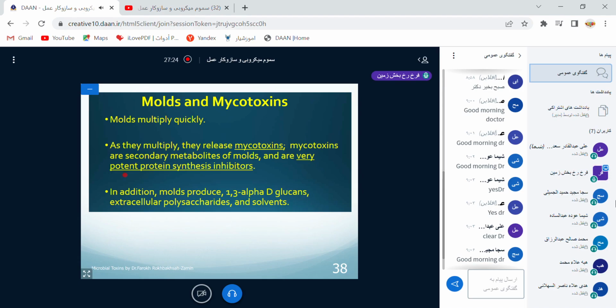So one of the organelles where mycotoxins are effective is the mitochondria. You know, mitochondria is the place for oxidative phosphorylation. It means oxygen in the mitochondria, in the electron transport chain, is the final electron acceptor.